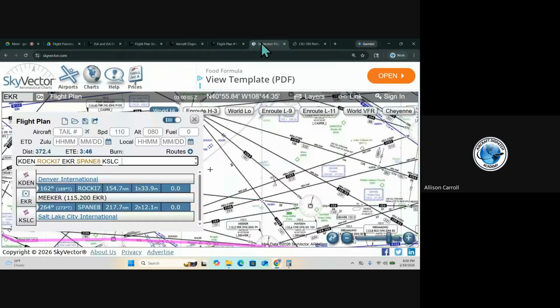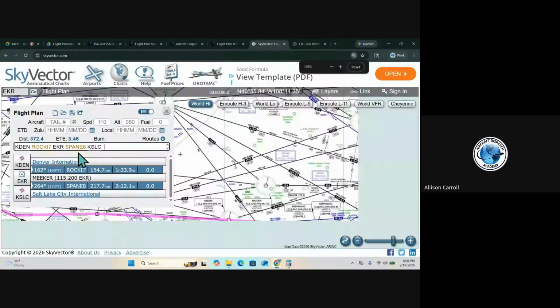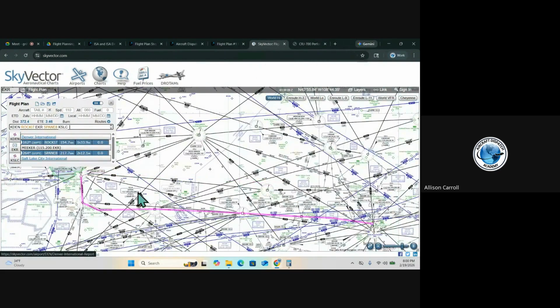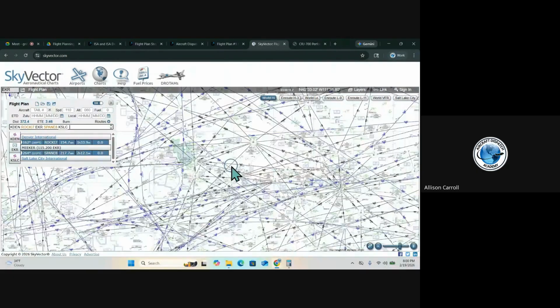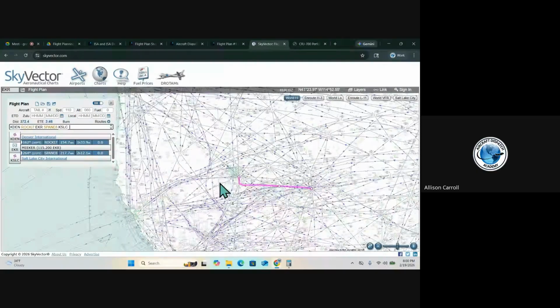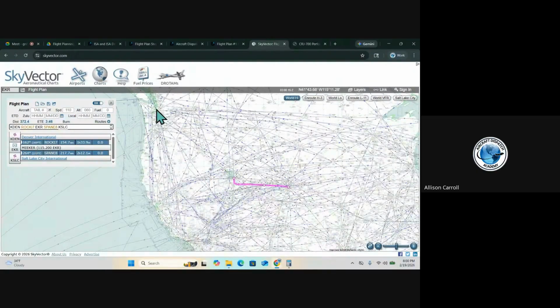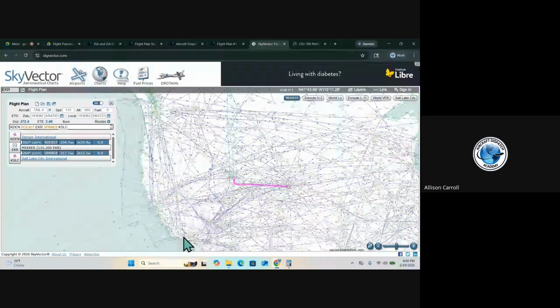Now, if we were doing a lot longer flight, let me zoom out here, let's say we were going from Seattle all the way down to LA. Okay. Seattle to LA. Well, that's a lot further distance, right?